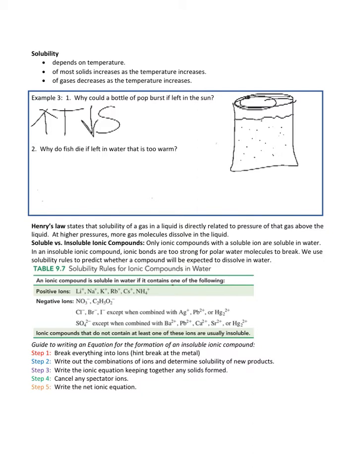Instead, it rises up out of the solution, right, and into the space between the top of the liquid and the container. As the temperature increases and the solubility decreases, more and more of the gas will leave the liquid and land in the space that's left between the top of the liquid and the top of the can.